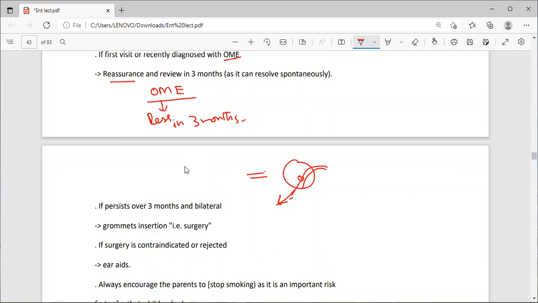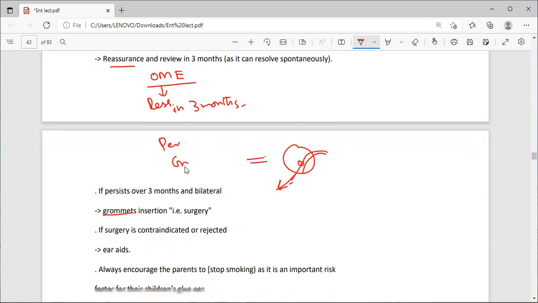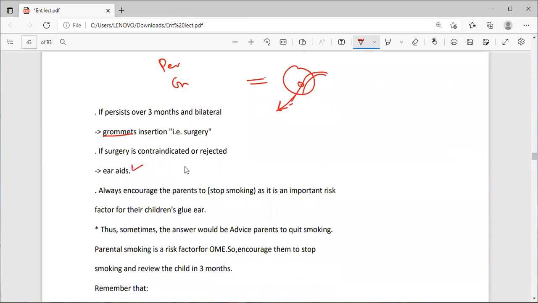But that is the next step. After 3 months, if it still persists, then you will go for grommet insertion. If surgery is contraindicated or rejected, then you will go for hearing aids, which will enhance the hearing in conditions like conductive deafness.